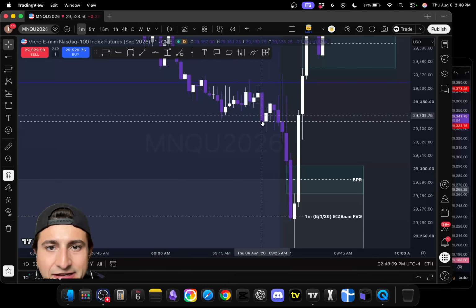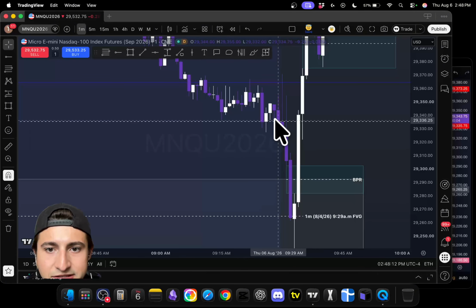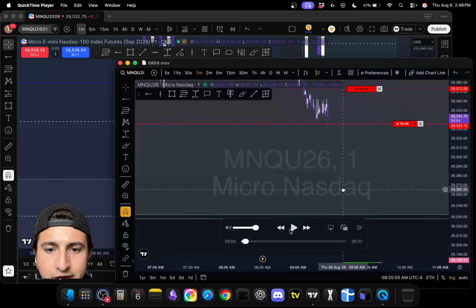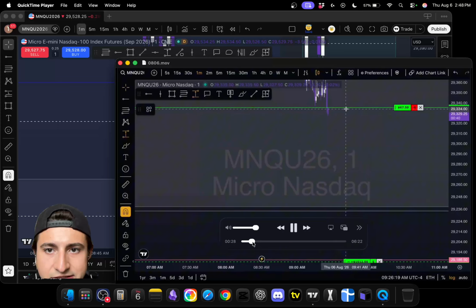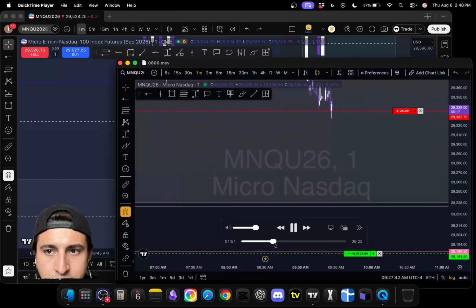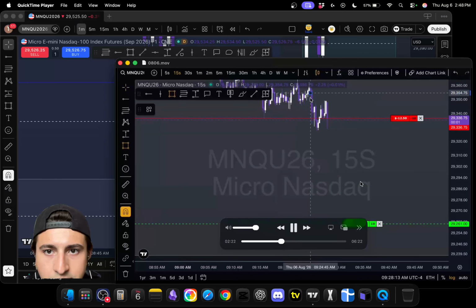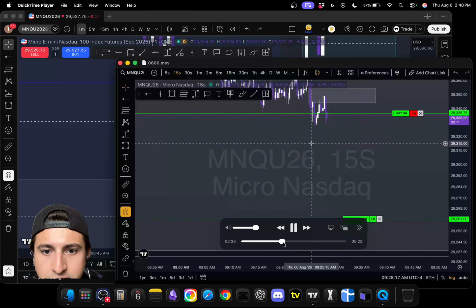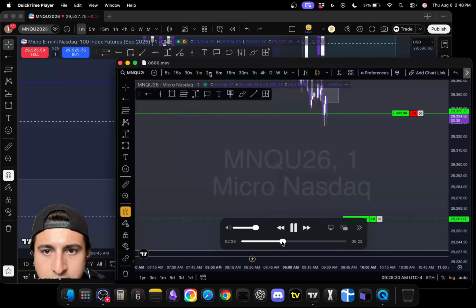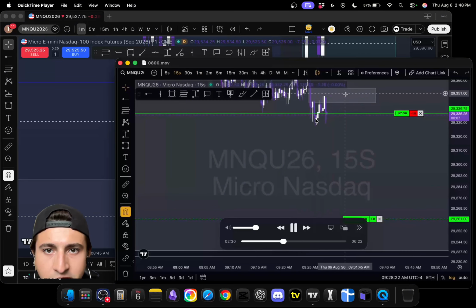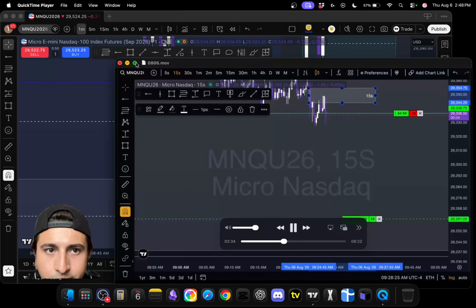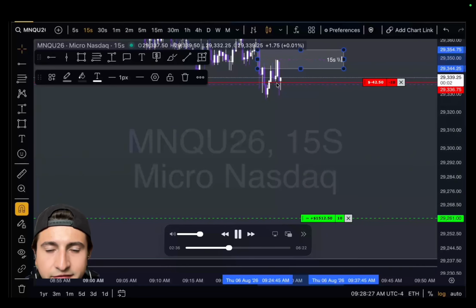I was suspecting us to fail the 50% of the hourly, digging lower. And, well, we could see. I add. Respect on a 15-second fair value gap here. Zooming in. Let's see, 15-second fair value gap.